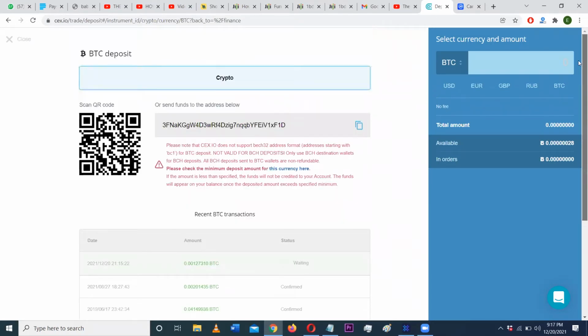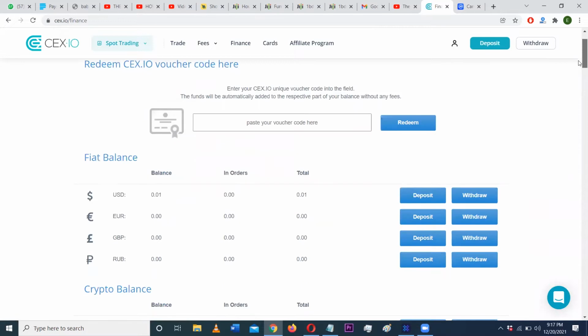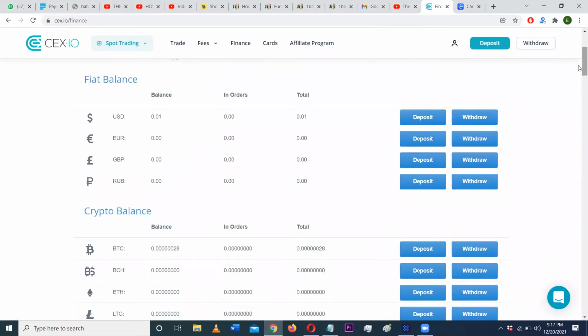It can sometimes take a while though. It all depends on how busy the network is. With Bitcoin, there are millions of people all over the world sending and receiving Bitcoins, right? So the transactions are sort of put in a queue. And then they come one after the other.